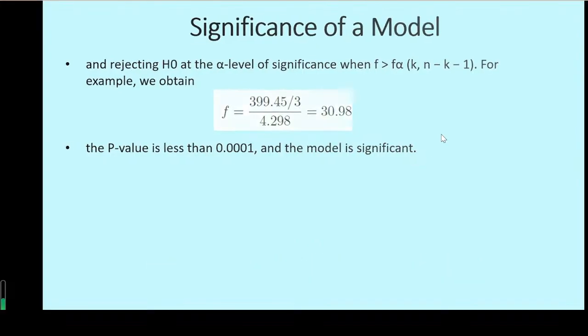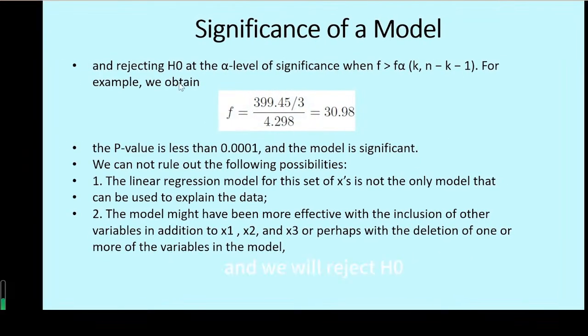We will reject H0, which says the model is not significant, at the alpha level of significance, and we say the model is significant, and the combination of those independent variables has explaining power to estimate the response variable.